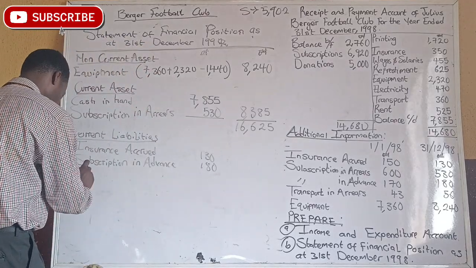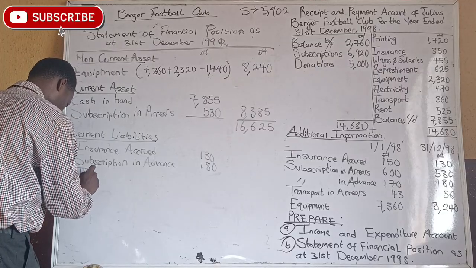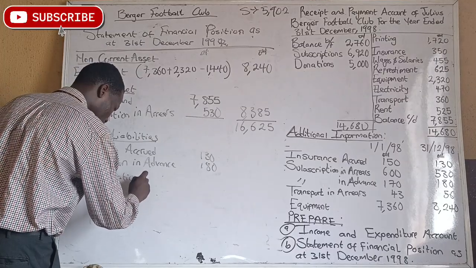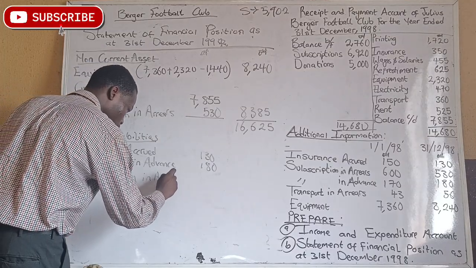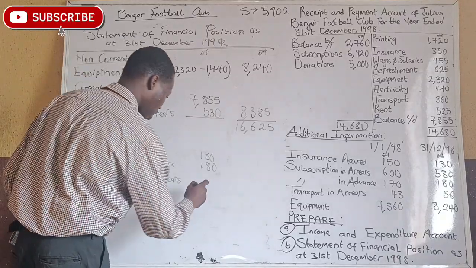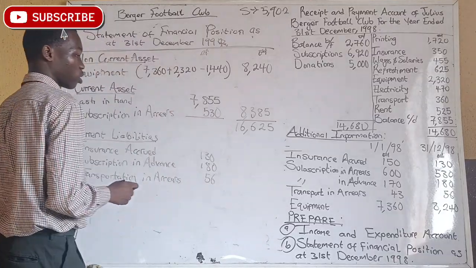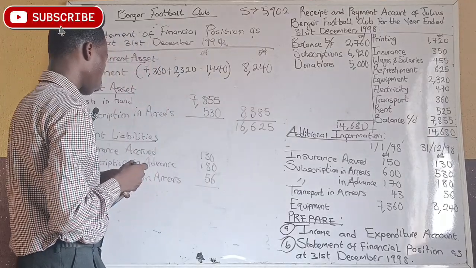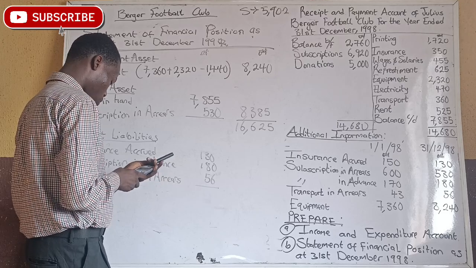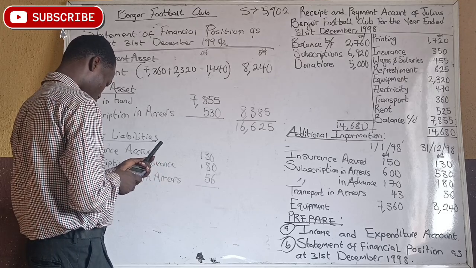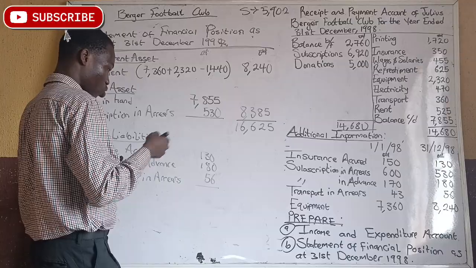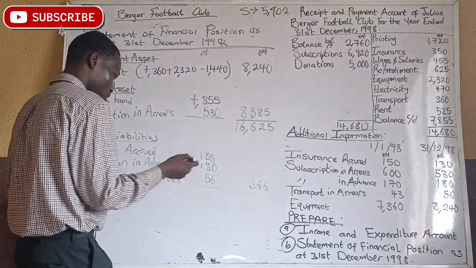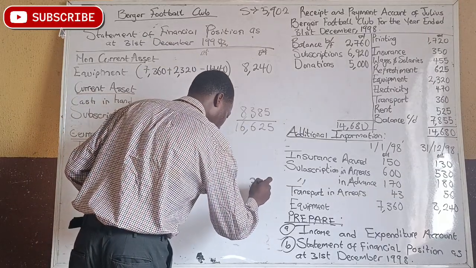After that, transportation in arrears, that's 56 naira. After that, nothing else. So let's add this up. When we add this up, we're going to have 130 plus 180 plus 56. This is going to give us 366 naira.